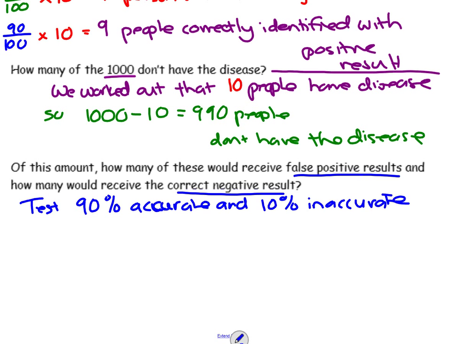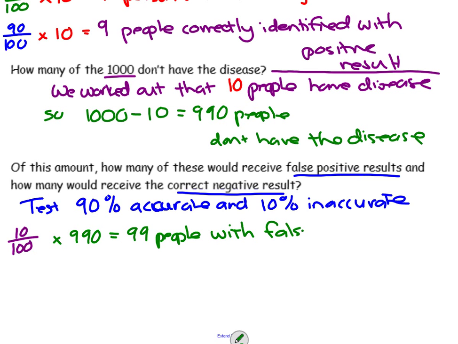That's always good to remind yourself of. So from 990, let's work out the 10% who are inaccurate first. Let's do 10 over 100, turn that 10% into a fraction, times it by 990 people who don't have the disease. So that equals 99 people. And that's the inaccurate part with a false result.